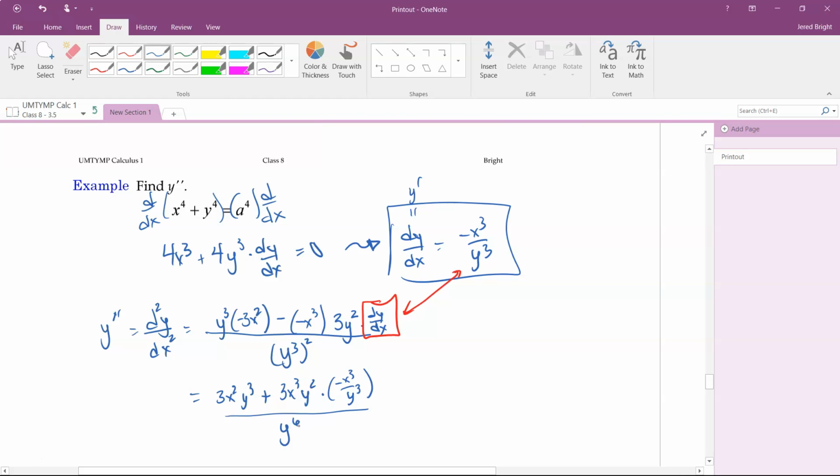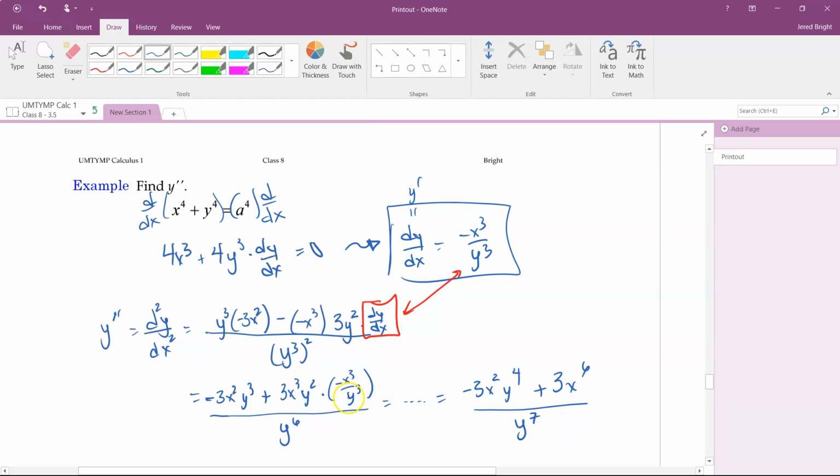Okay, and for us, this doesn't seem like it's too terrible to simplify. If you end up simplifying it, you end up getting, let's see, I forgot the minus sign out in front in the numerator over here, but you would end up with minus 3x squared y to the fourth. Hang on, I know that you're wondering where the fourth comes from. Minus 3x to the sixth over y to the seventh.